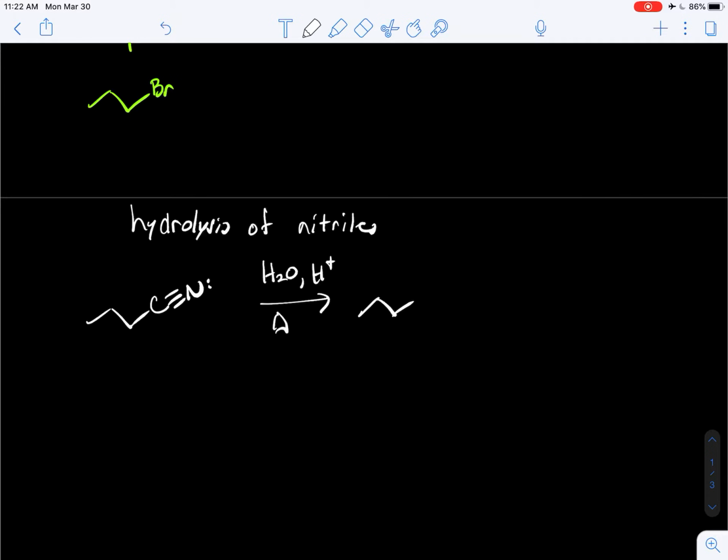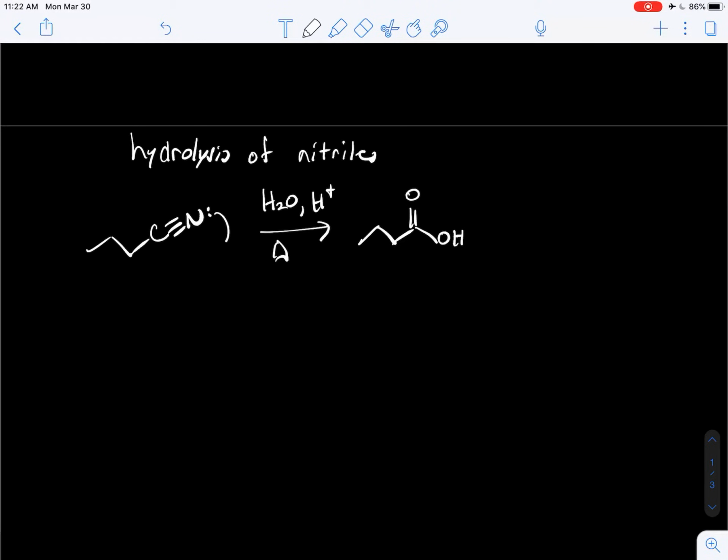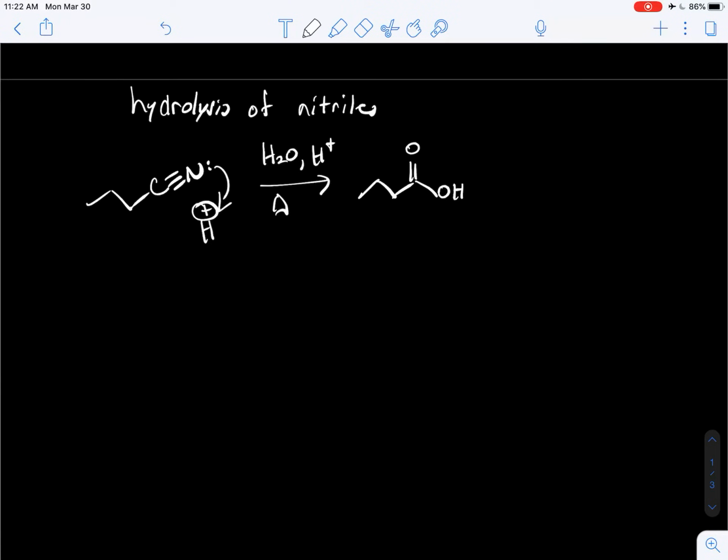So let me show you the curved arrow reaction mechanism for this right here. The nitrogen has a lone pair. It's kind of hidden there, but if you draw out the dots, you can see it's there. And this is going to be a strong or good electrophile. And water can attack the carbon, and electrons go to the nitrogen positive charge.